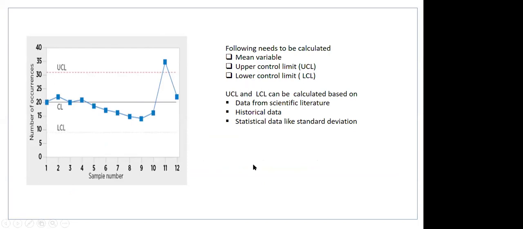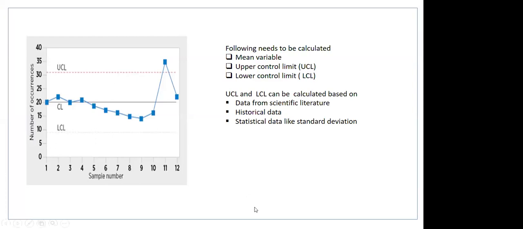In a control chart, you want to calculate the mean and the upper control limit. Also, you want to calculate the lower control limit. The lower and upper control limits can be calculated based on data from scientific literature, historical data, or statistical data like standard deviation.